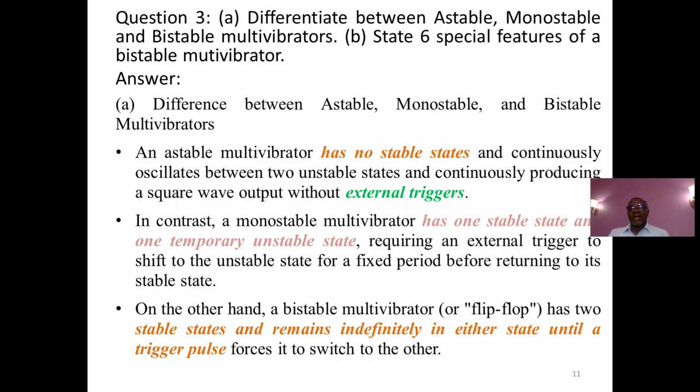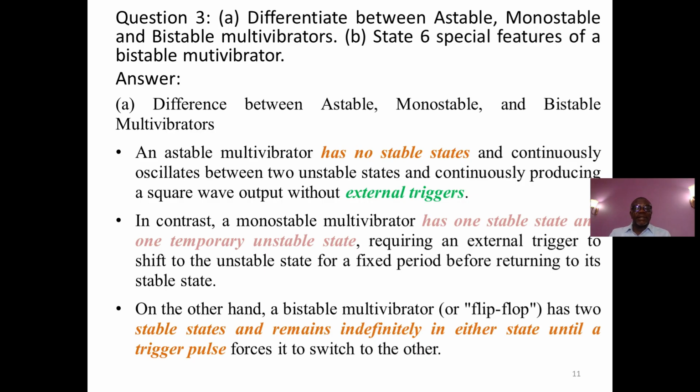They work without the necessity of external input. So an astable multivibrator is like an oscillator that produces a square wave but has no stable state. So it moves from this to that at random. However, it produces a square wave output.